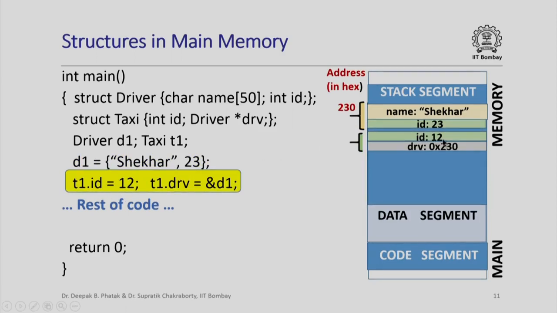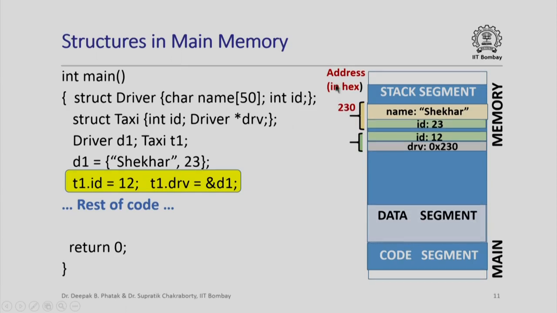And then if I have this assignment statement which says T1.drv is assigned ampersand D1, then I will first calculate the address of the variable D1. Now, if you recall, D1 was basically stored in this sequence of memory locations. So when I am asking for the address of D1, I am basically asking for the address of the first in the sequence of locations.